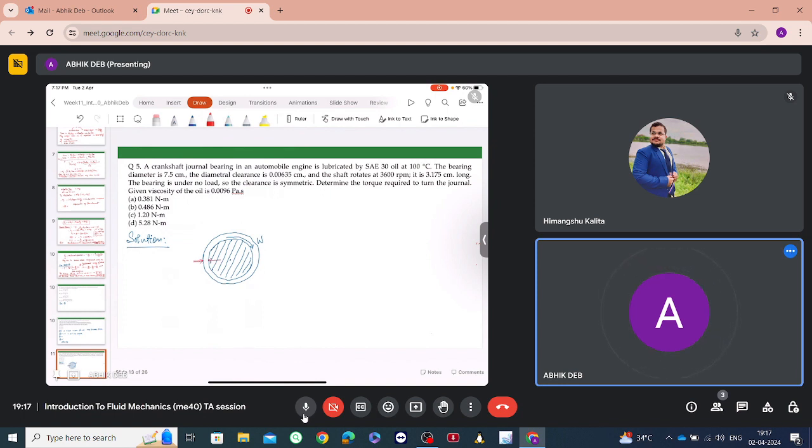As the shaft is rotating, this part is moving at a particular velocity. This part is stationary. Okay, and in between these two, the viscosity will play an effect where the velocity will increase from 0 to this velocity v.